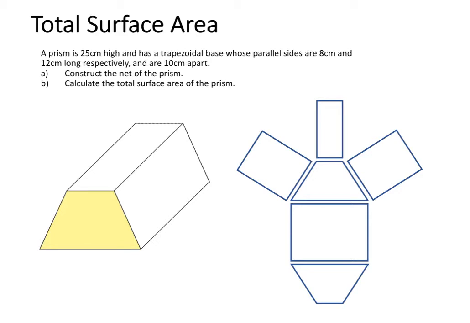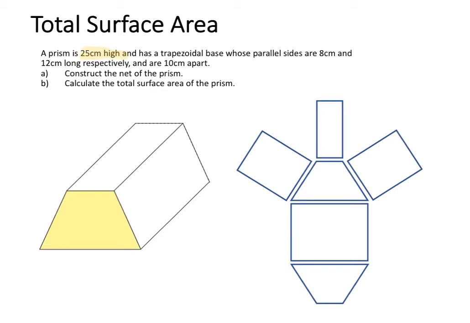So now that I've got my basic net, I can go ahead and add in the measurements onto my diagram and onto my net. Adding in the measurements will then allow me to go ahead and calculate the total surface area of the trapezoidal prism. So we'll start by adding in the measurements from the question onto the 3D diagram. And the first measurement I know is that the height of the prism is 25 centimeters.